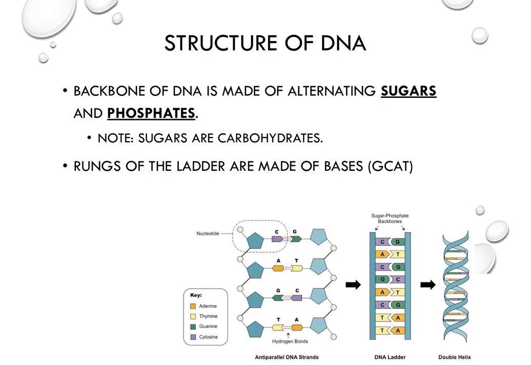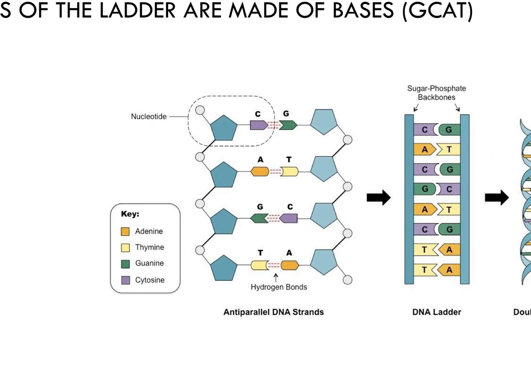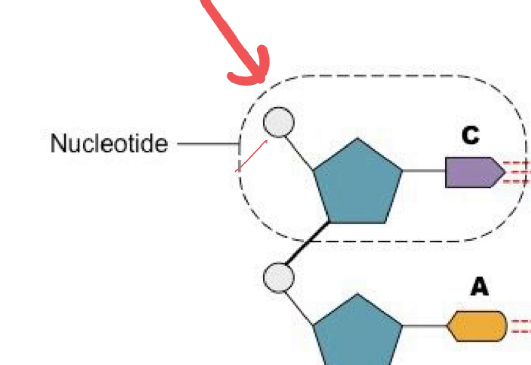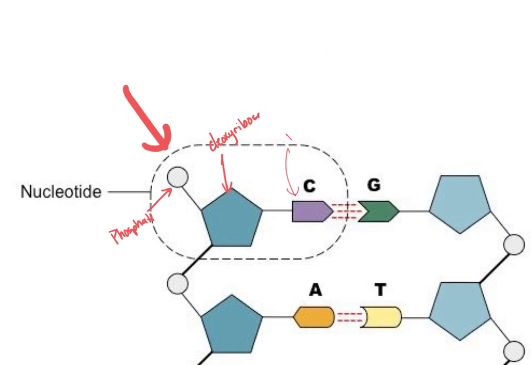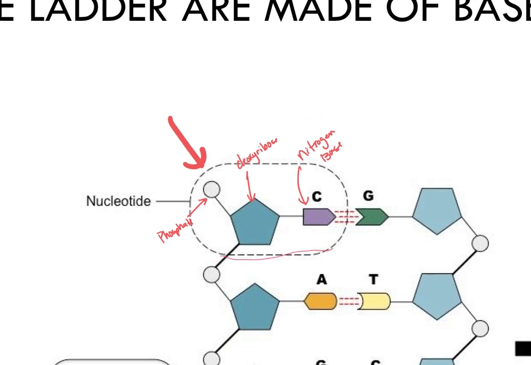So when we look at the structure of DNA, taking a look at this one, this constitutes a nucleotide. And that's because it has three parts to it. Here we have the phosphate group. Here we have the deoxyribose. And then here we have the nitrogen base. And that constitutes one nucleotide.